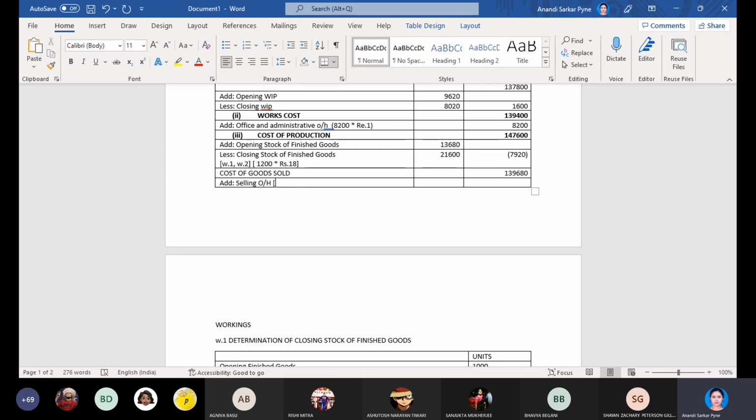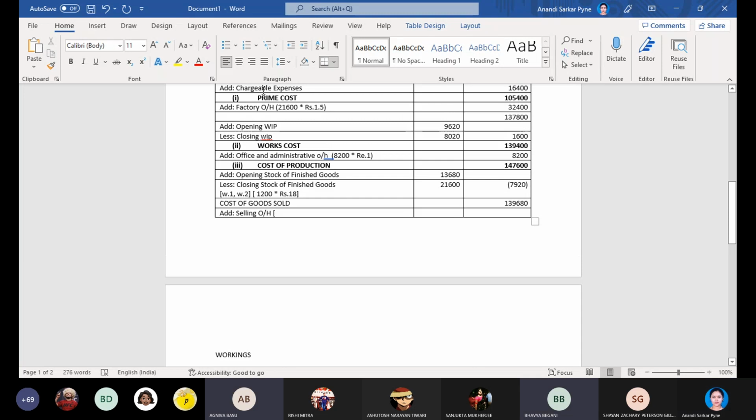We charge selling expenses to the units we have sold. How many units have we sold? 8000, as per the question. 8000 into 0.9 is 7200.